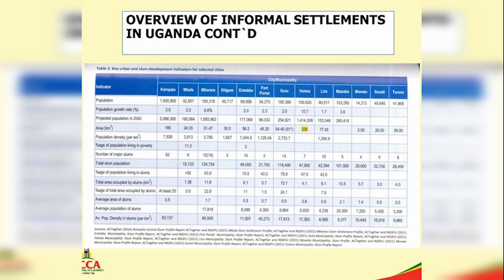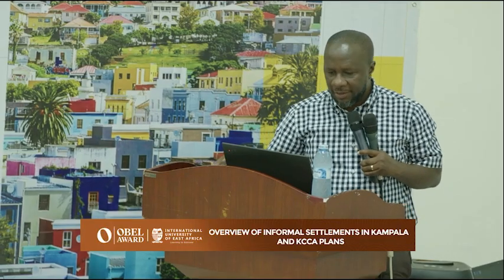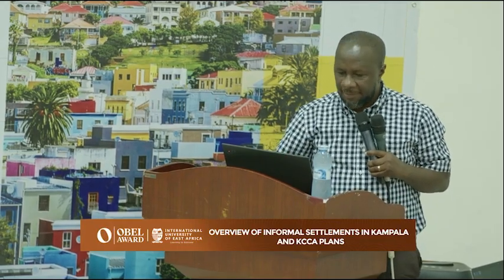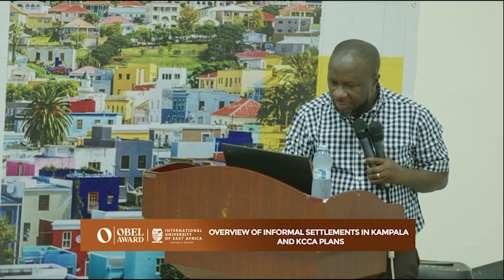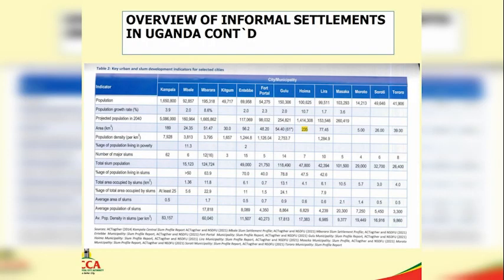Now, they're also saying that, using the population growth, this next row talks about the population growth rate, which according to the Uganda Bureau of Statistics is about 3.9. If you use that growth rate, by 2040 there will be 5 million people living in slums in Kampala alone, 160,000 in Mbale, 1.6 million in Mbarara, and the list goes on and on.